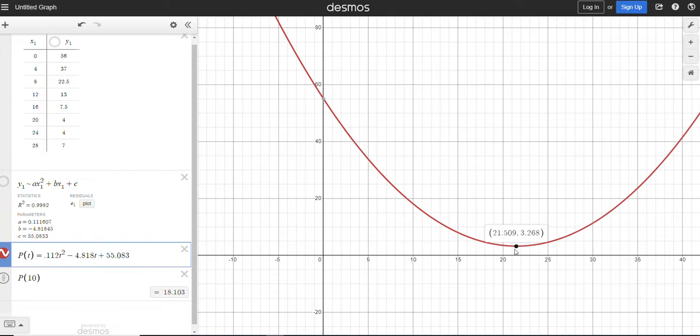Now this vertex is a minimum. So with my input being time, I would be during the 21st year, right? 1980 plus 21, so during 2001. We hit the lowest price of about 3.3 cents per kilowatt hour.